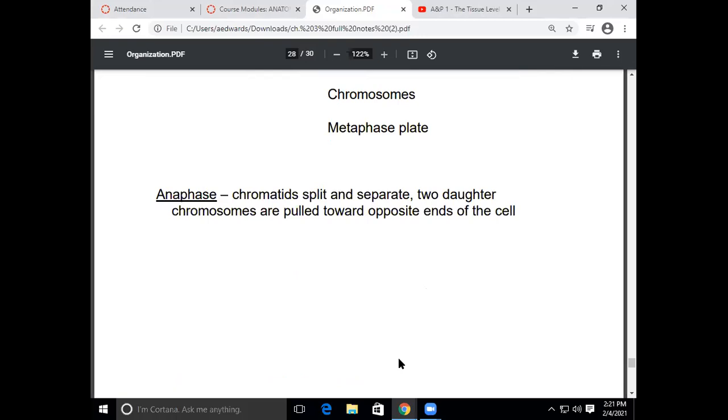And on these ends, we have centrioles over here, on the poles of the cell. They're also attached to those spindle fibers and they pull the chromatids apart. But if you see them split apart, you're in anaphase.